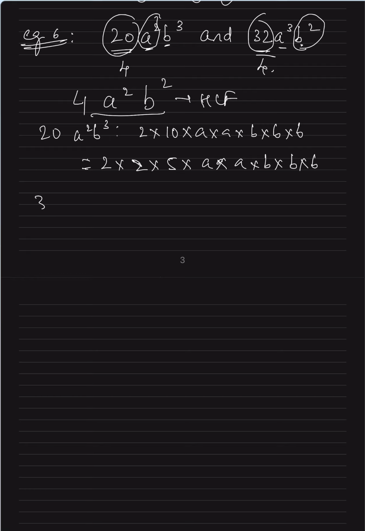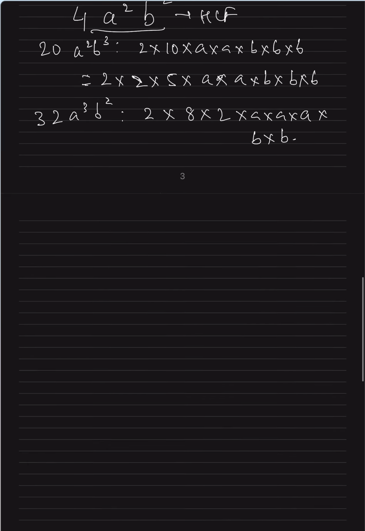Now 32a cube b square. When will 32 come? 2 16s are, and 2 16s are nothing but 2 8s are, like 8 2s are, then a to the power 3, so 3 times a and 2 times b. Again we could split 2, 8 into 2 cube, but over here we have got only 2, so no need to split again.